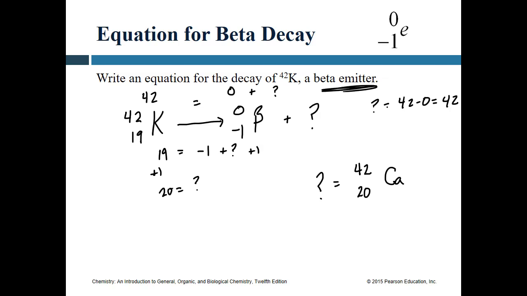Remember, the atomic mass on the periodic table tells us the most likely isotope. So the most likely isotope of calcium is 40. 42 is a little bit bigger than that. It means we've got maybe a little too many neutrons. So turning a neutron into a proton, that would be a beta decay.